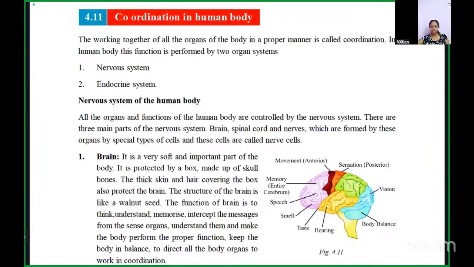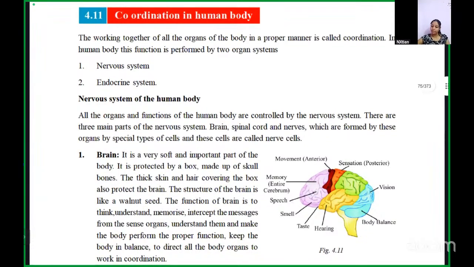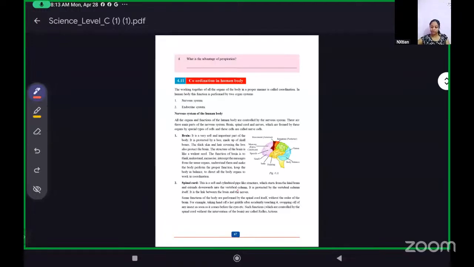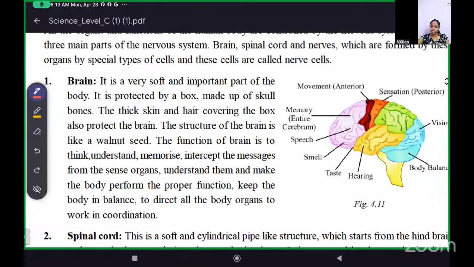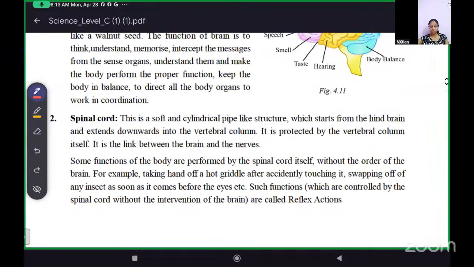You have to remember the functions the brain is responsible for. Then under the spinal cord, you have to cover the portion on reflex action in detail. A separate question can be asked on reflex action too.